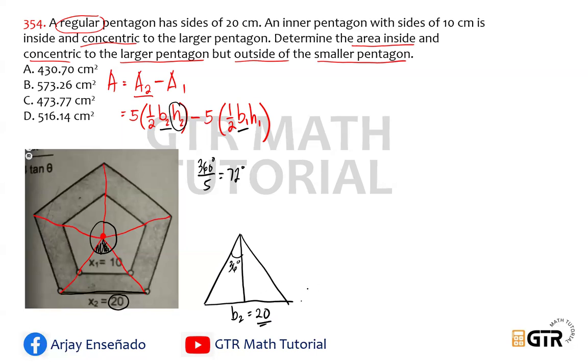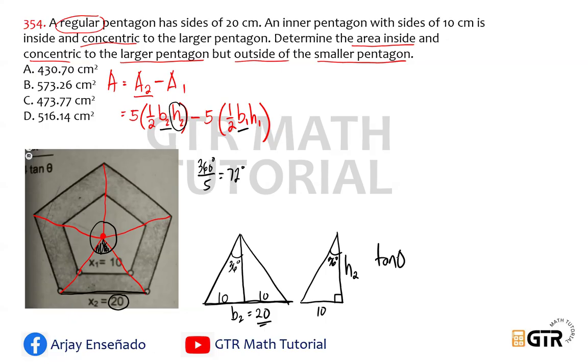Okay? So we're going to have this right triangle. Since we divide this side, 20 centimeters, by 2, this will be 10 and this will be another 10. So therefore, we can now solve the height. This is 36 degrees, and then we have a right triangle with this side 10 centimeters. So we can now solve the value of the height, H sub 2. We will use the definition of tangent.